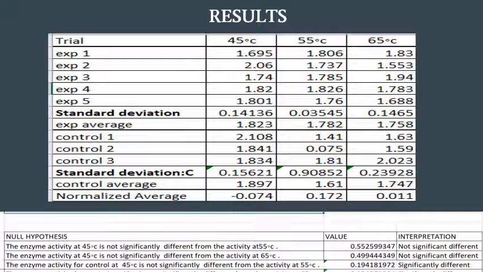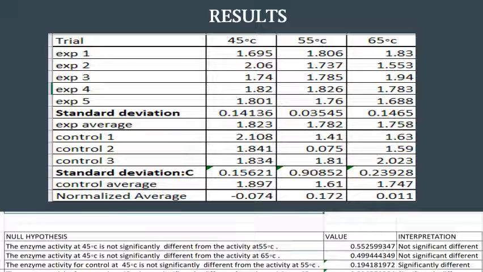So we have listed 3 trial temperatures, which are 45 degrees, 55 and 65 degrees, and we have 5 experimental values for each of the trials. And after measuring it, we found the experimental average for both the trial and the control, and we found that the average for trial at 45 degrees for our experimental trial was 1.823, for 55 1.782, and for 65 1.758.